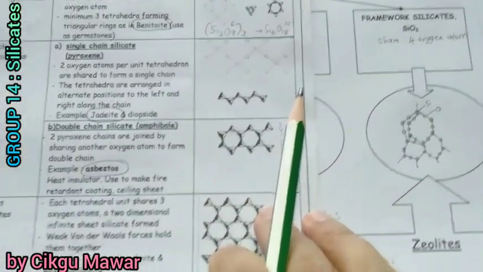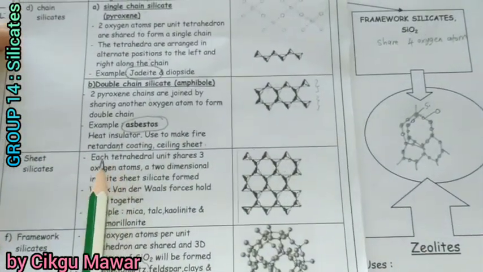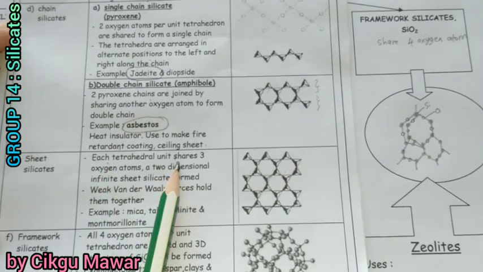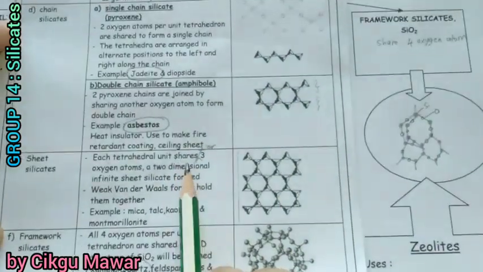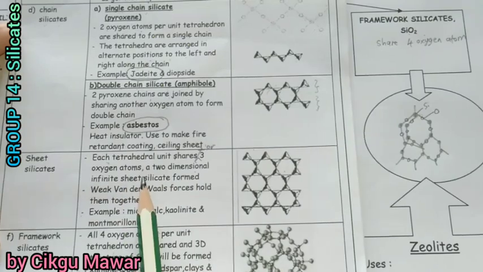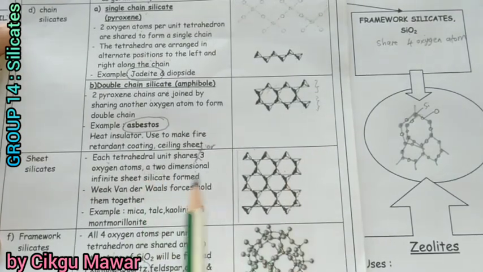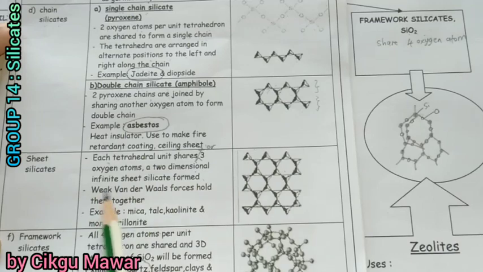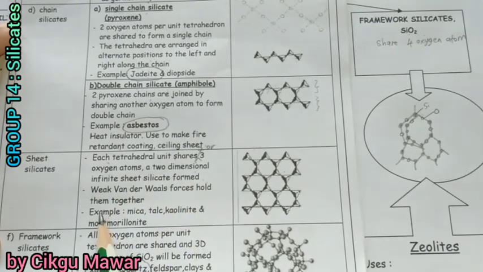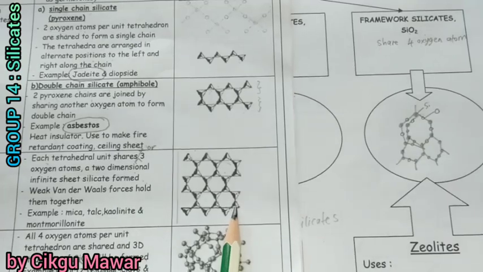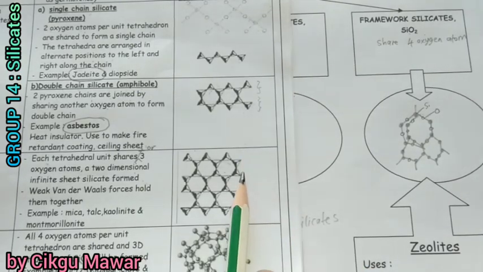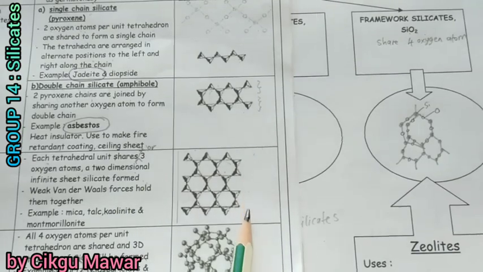In sheet silicate, each tetrahedral unit shares 2 or 3 oxygen atoms, forming a 2-dimensional infinite sheet, and weak van der Waals forces hold the sheets together. This structure has more than 2 pyroxene chains: this is 1 pyroxene, 2, 3, and 4, and so on.